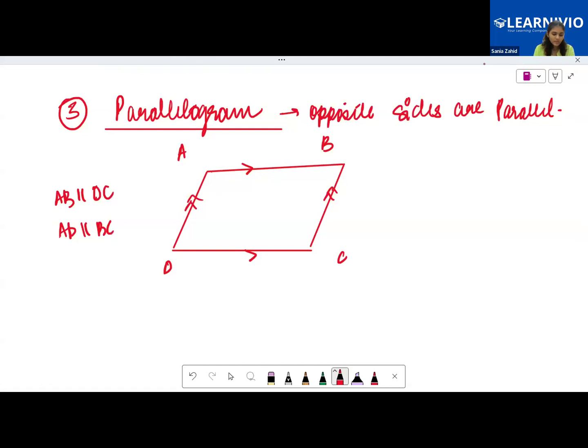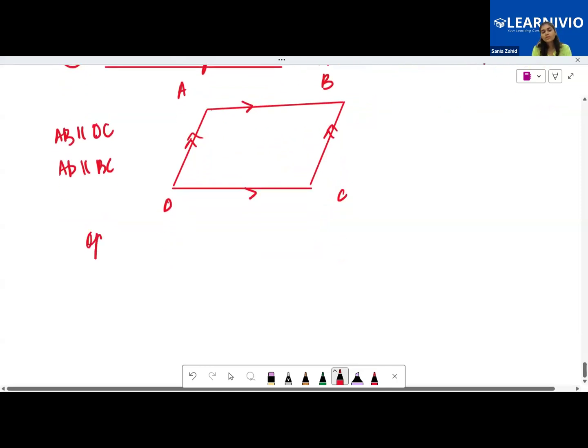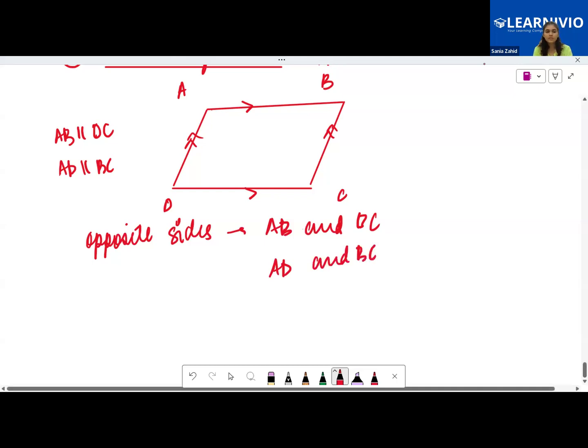Next, you should know certain things. The meaning of opposite sides. So what are the opposite sides over here? AB and DC. Any other? AD and BC. These are opposite sides. Then what are adjacent sides over here?